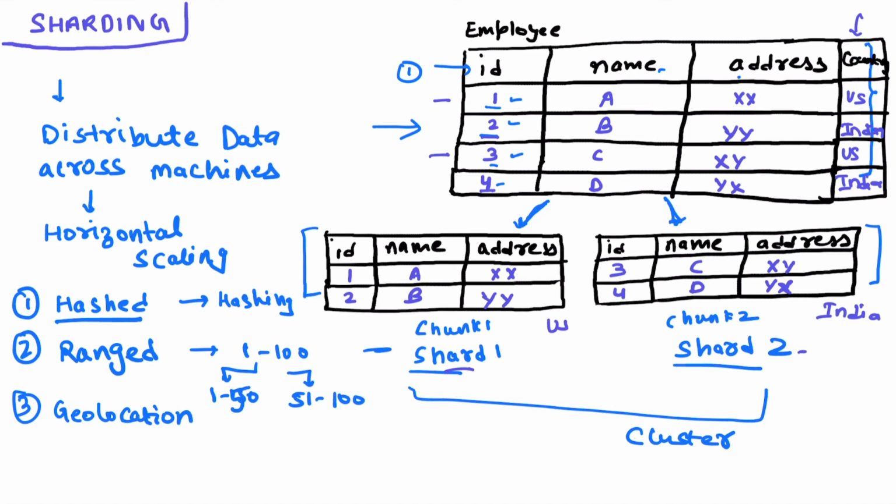Sharding gives you the flexibility of achieving horizontal scalability. The more data you keep on getting, the more machines you can keep adding within your database cluster, and it gives you provision to store all the data without any limitation of disk space. So this is one of the benefits.